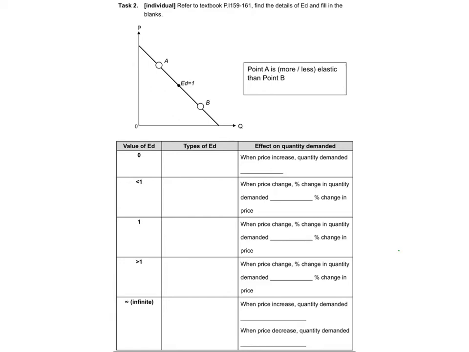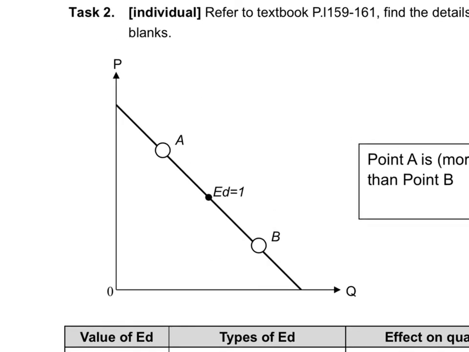In the earlier lessons, we learned about the demand curve. Different points have a different elasticity, and we know that this is the midpoint of the demand curve, so it will be called that ED is equal to 1. Actually, the name is unitary elastic.